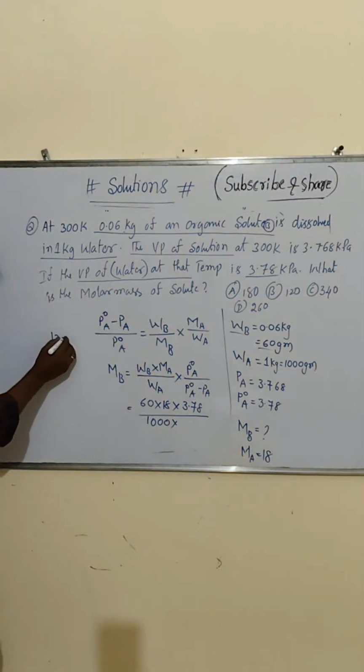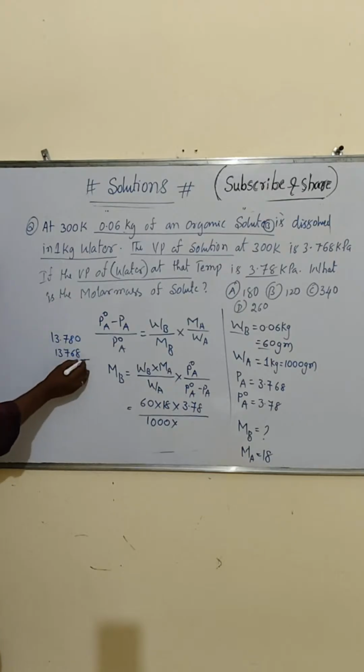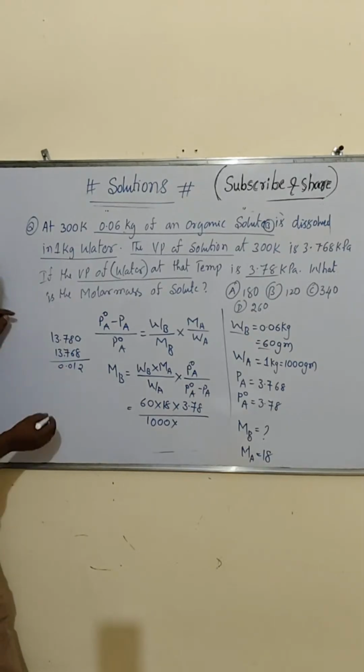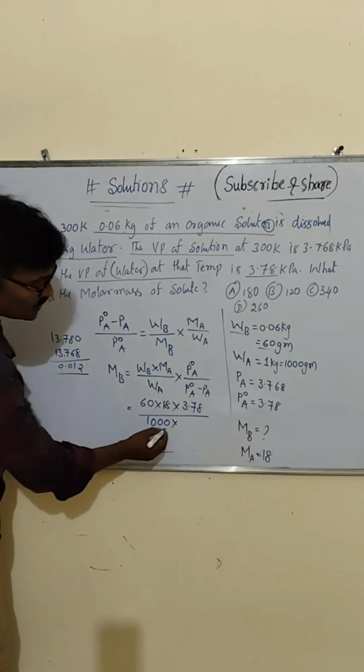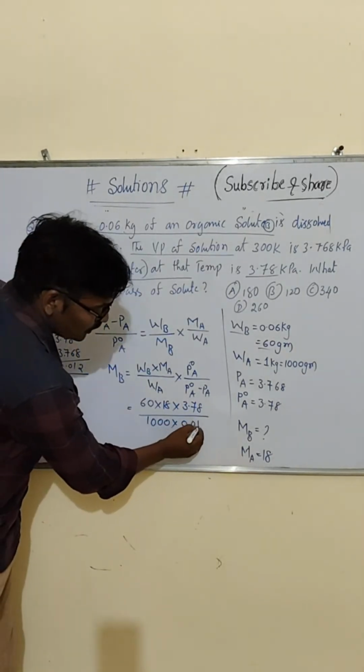P naught A is 3.78, and PA is 3.768. So 10 minus 8 is 2, then 7 minus 1 is 1, then 7 minus 6 is 1, then 7 minus 7 is 0. So you get 0.012.